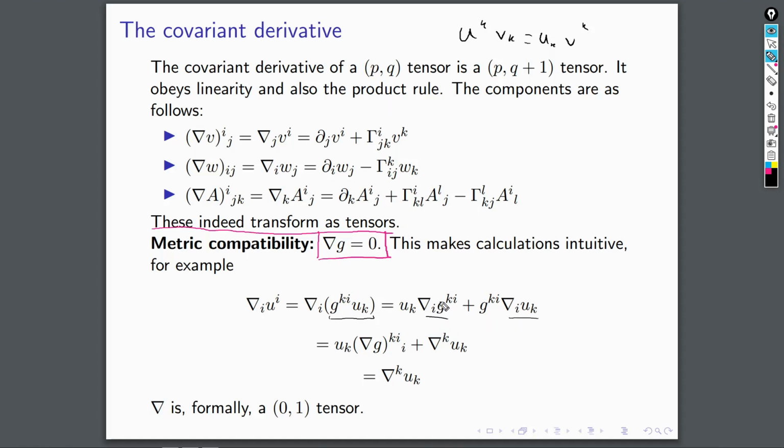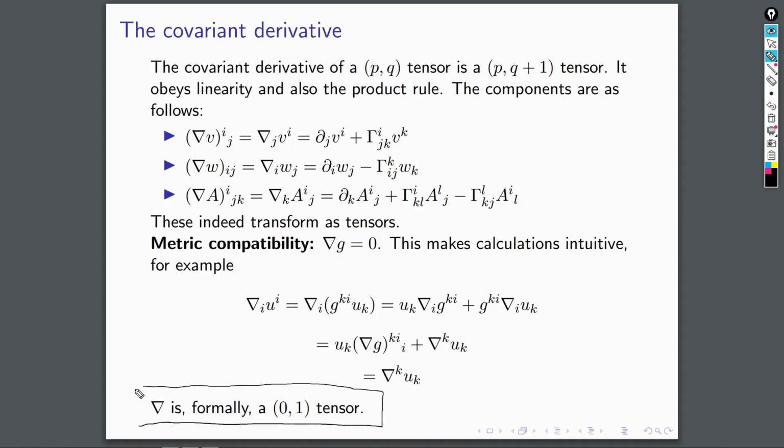But this is the covariant derivative of the metric, so this guy is 0, and we just get this guy. So del lower u upper is equal to del upper u lower, so it's the same thing. What all of this means is that in a very correct and formal sense, this del is a (0,1) tensor.